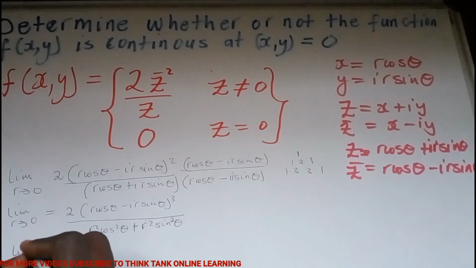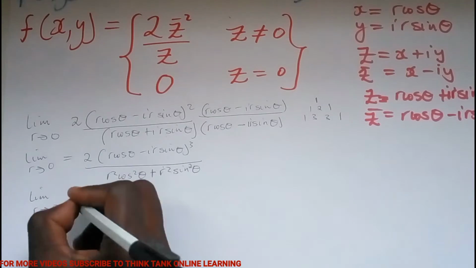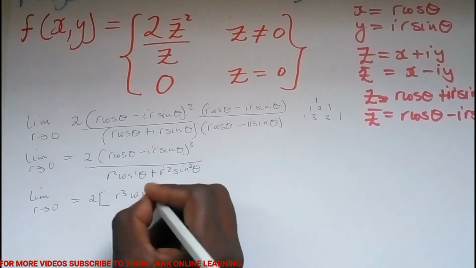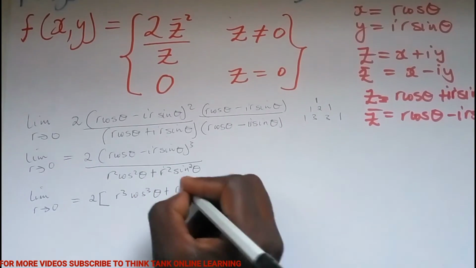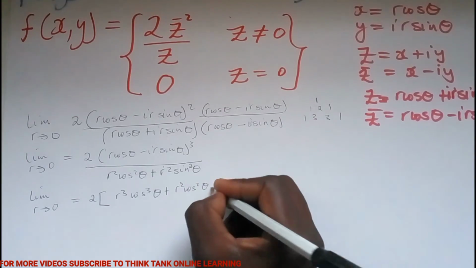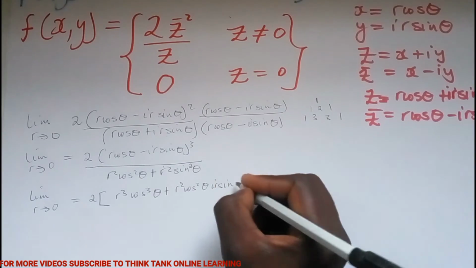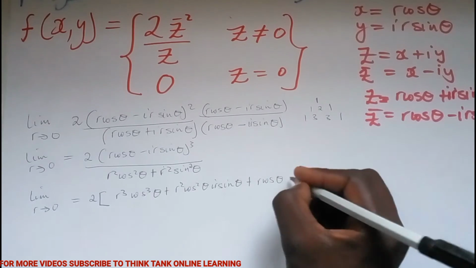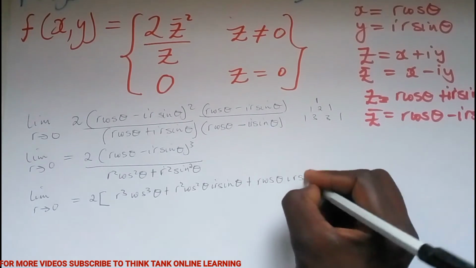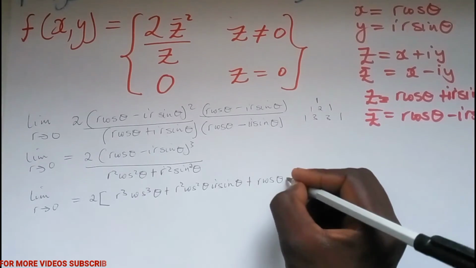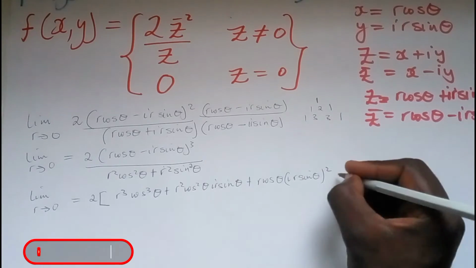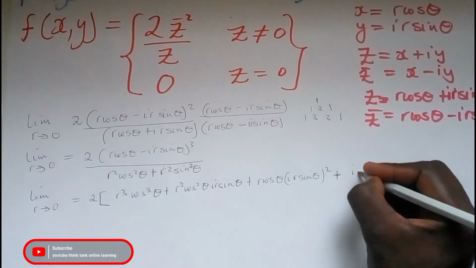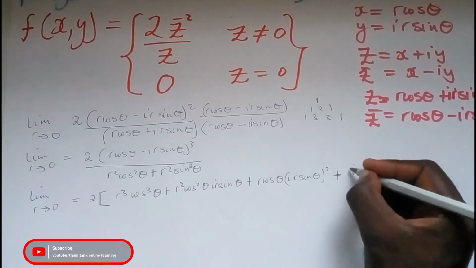So the limit as r approaches 0 of 2 times: first r cubed cos cubed theta, plus r squared cos squared theta times i r sine theta, plus r cos theta times (i r sine theta) squared, plus (i r sine theta) cubed.